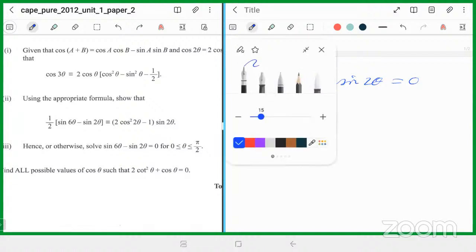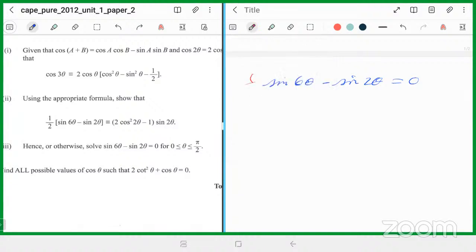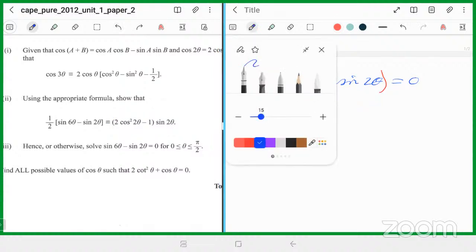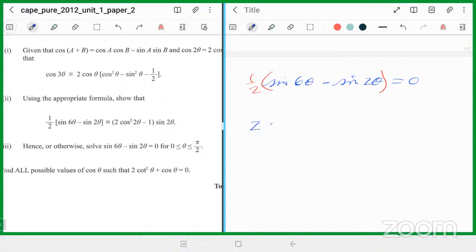I can multiply this side by the half and it becomes the same thing. But this whole thing with the half is now equal to 2 cos squared 2 theta minus 1 times sine 2 theta, and that is equal to 0. So you're solving this now.